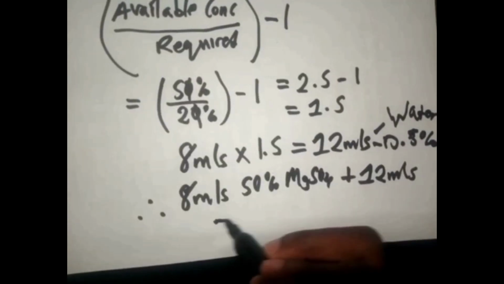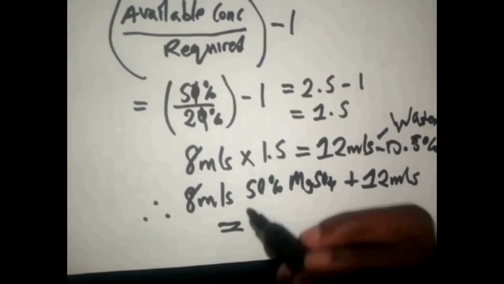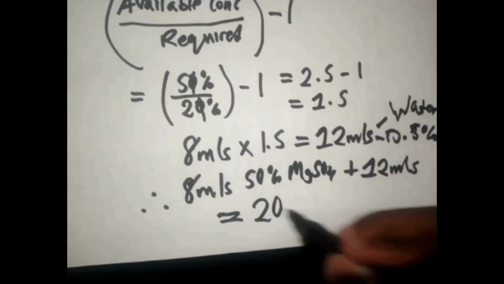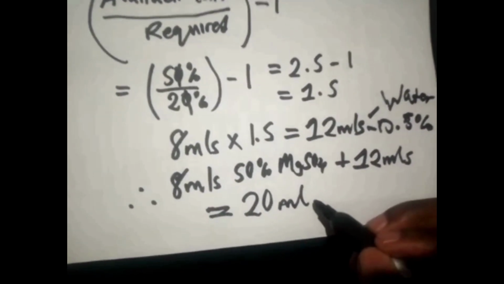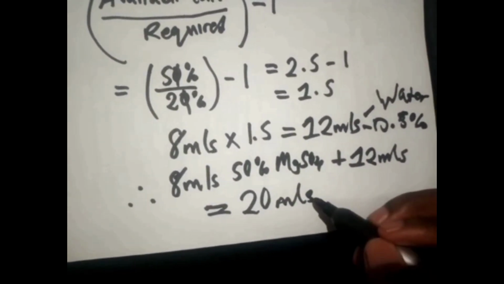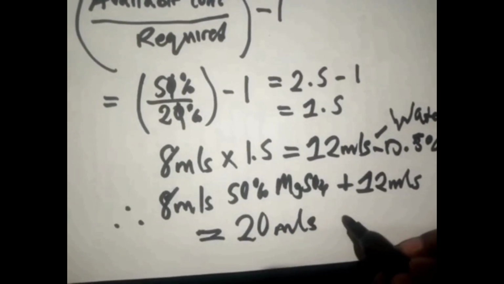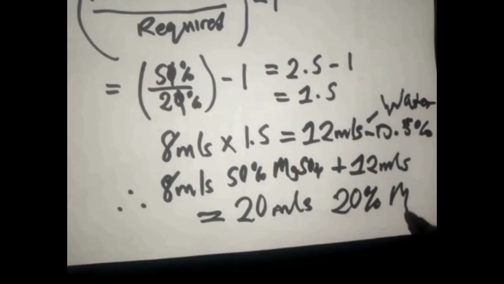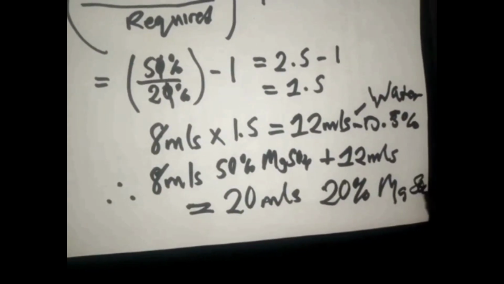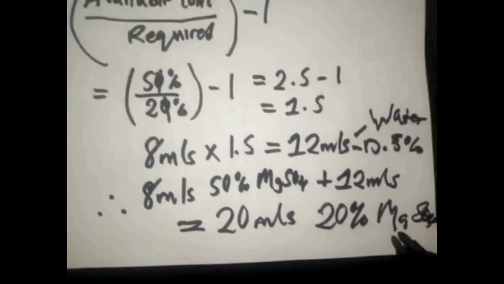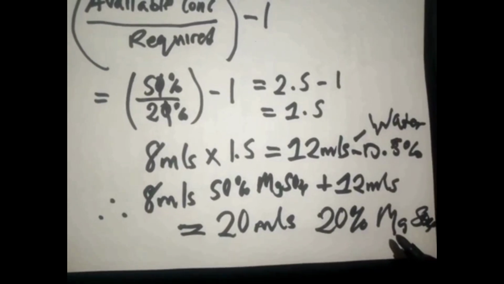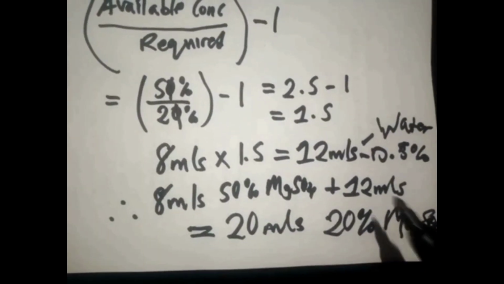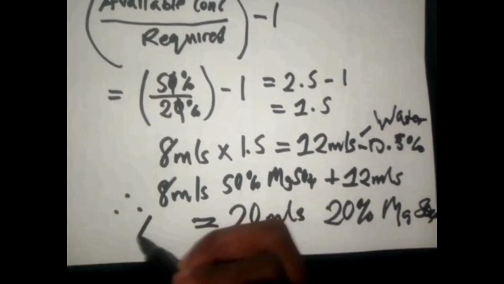After we add this, it is more like diluting now. So the answer is going to be 20 mils. What this means is that this 20 mils has now become 20% mag sulfate. So that's the conversion. So we have now converted the 4 gram. This is the 4 gram now.